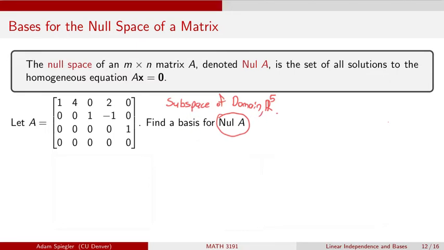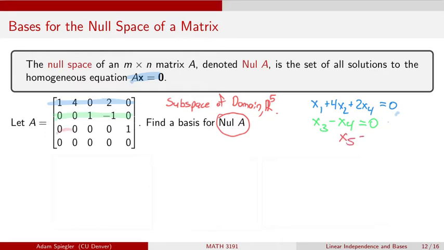Let's recall what information we get from this reduced row echelon form of the matrix of coefficients A and how it relates to this homogeneous matrix equation. From the top row, we see that x1 plus 4x2 plus 2x4 must equal 0. From the second row, we see that x3 minus x4 must equal 0.